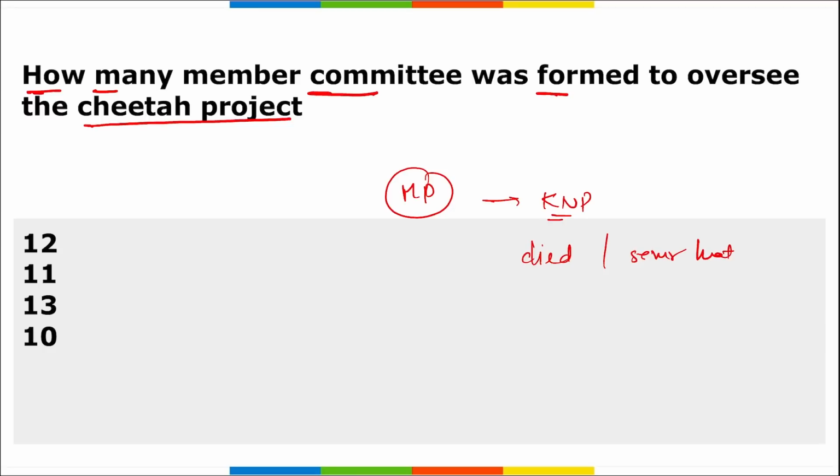This can be because they are not able to adapt to the environment of Kuno National Park, right? This can be due to a disease that is prevailing there, correct? There can be multiple factors. So, in order to look into why there are so many deaths of the cheetahs, a committee was set up for this cheetah project. How many members?